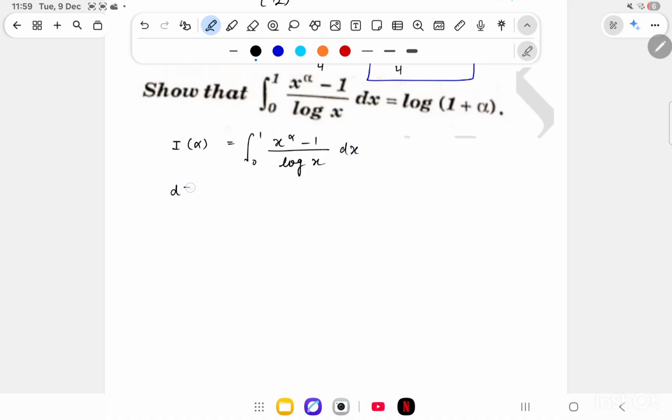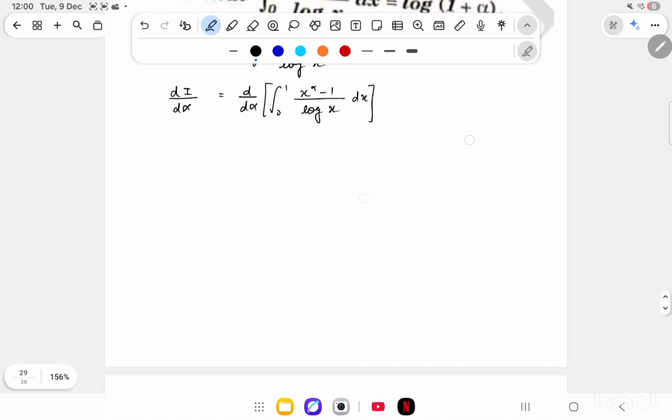Now if I differentiate it with respect to alpha, it will be d by d alpha of the integration from 0 to 1 of (x^alpha - 1) divided by log x dx.